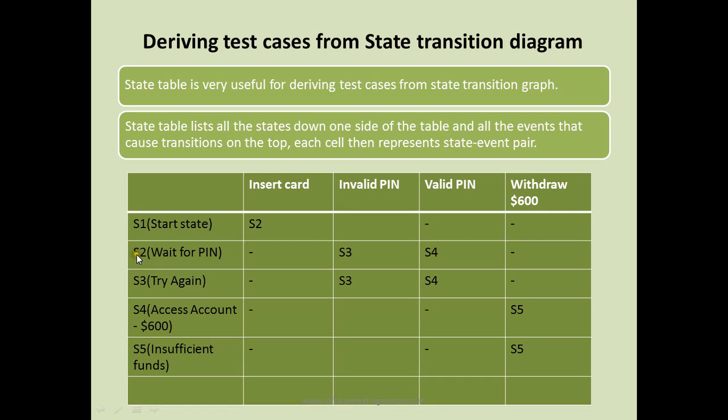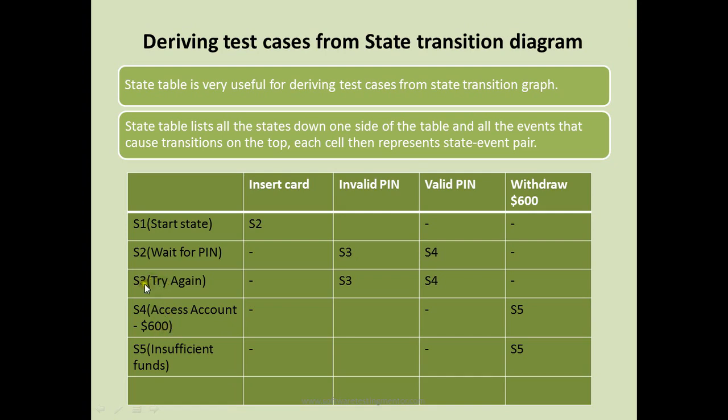Then at state 2, what are the transitions that you can do? What is valid scenario here? It's waiting for pin. If you enter the invalid pin, it will move to state 3, that is try again. But at state 2, if you enter valid pin, you will be granted access to your account, that is state 4.